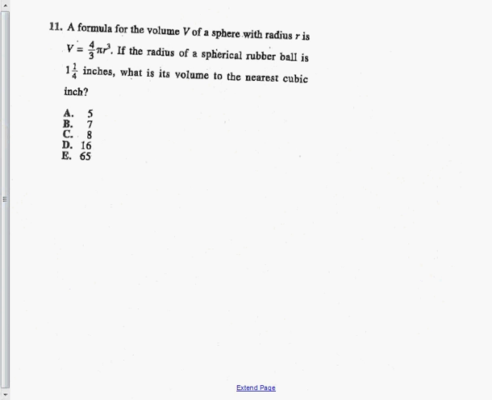A formula for the volume of a sphere with radius r is given there. If the radius of a spherical rubber ball is 1 1/4 inches, so that's the radius. So here, if r is equal to 1 1/4 inches, we convert that to an improper fraction. So that's 5/4 for the radius.